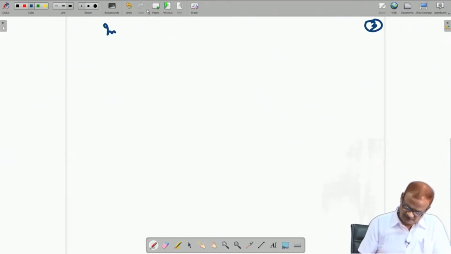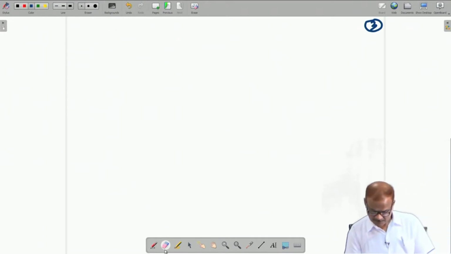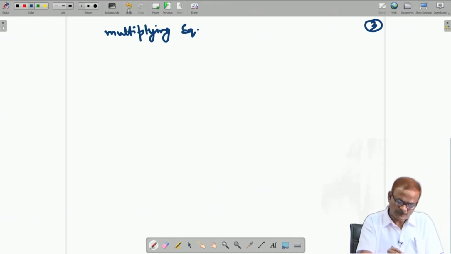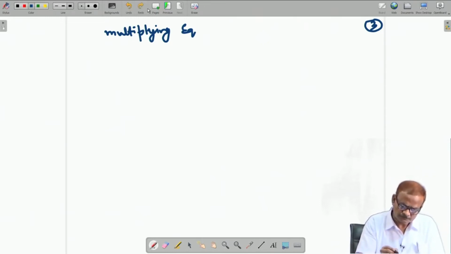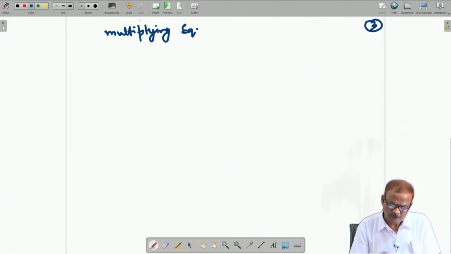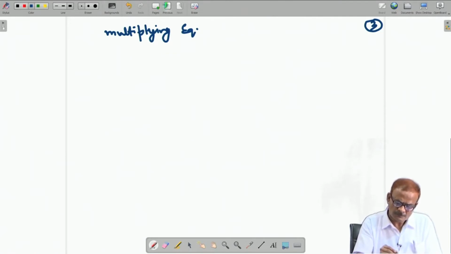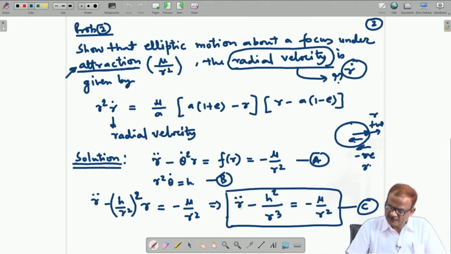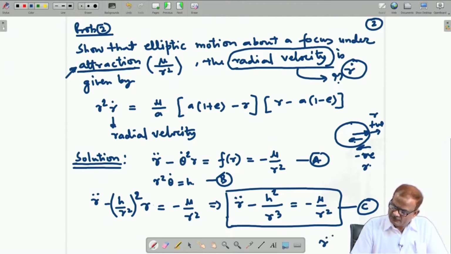So, multiplying equation C by, now see, one thing we can guess from this place if we try to integrate it: this r double dot must come from r dot square.